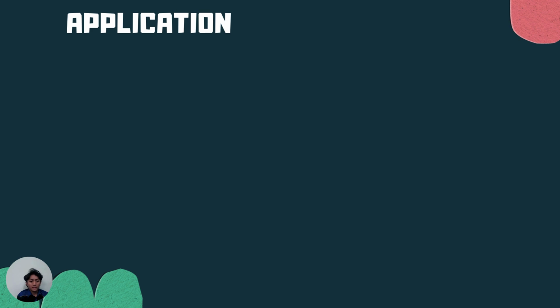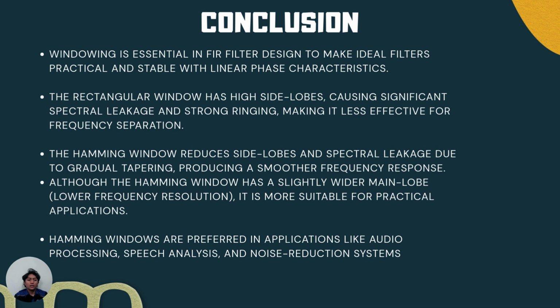For simple spectral analysis, we apply it when high frequency resolution is required and side lobe suppression is not necessary. For low complexity signal processing systems, it is suitable for systems with limited processing power.